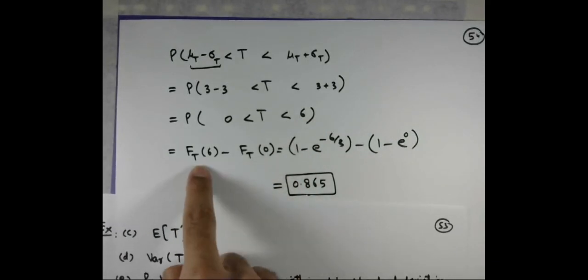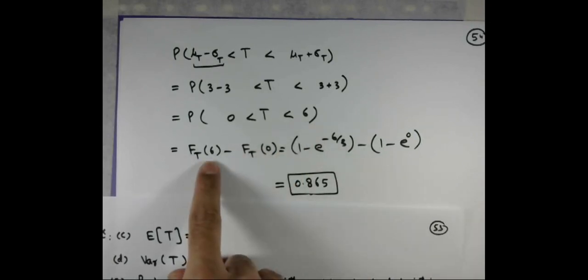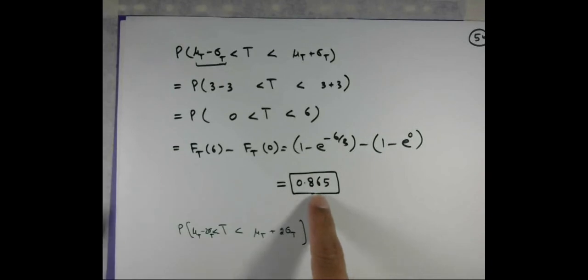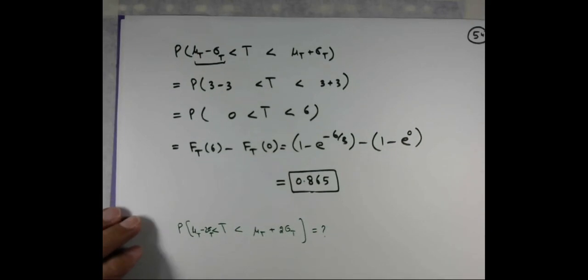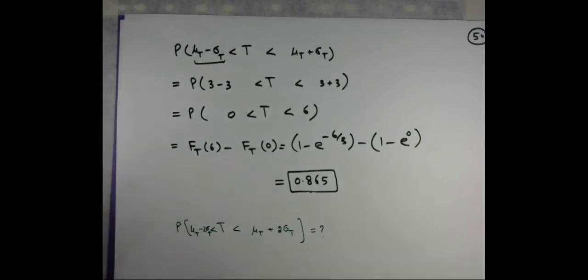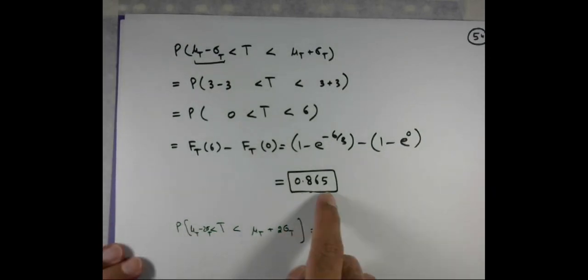So we utilize the CDF expression, evaluate it first at t is equal to 6, and then at t is equal to 0, and you find that the probability of call duration within this interval is 0.865.